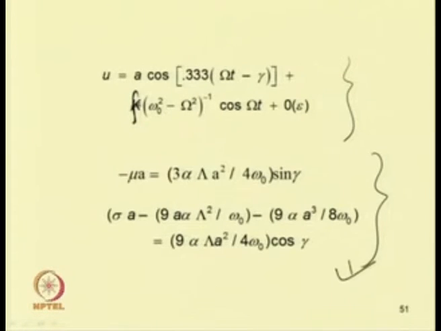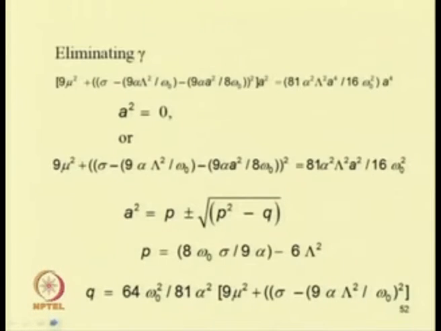So, we have these two equations. In these equations, eliminating cos gamma and sin gamma, we can have this closed form solution. In this closed form solution one can see that this is a square and the right side is a to the fourth. So, one can take the a square term common, which means some term into a square equals 0. So, either a square equals 0 or this term equals 0.